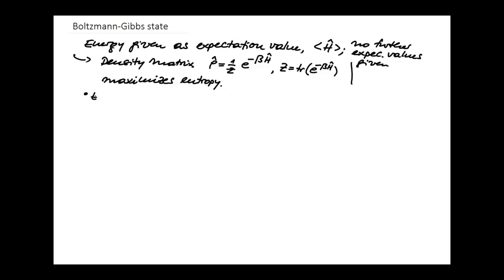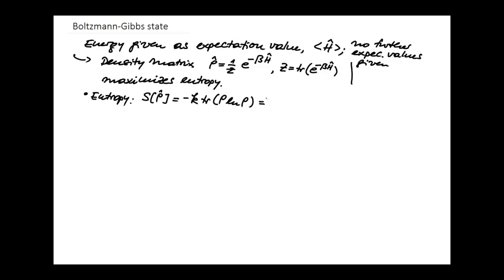Remember, the entropy of a density matrix, that's minus Boltzmann constant times trace rho log rho. When I insert the state that I wrote above, then I have this exponential form.